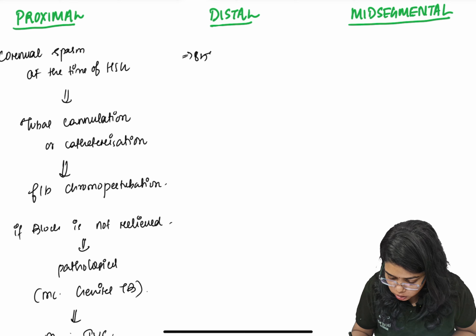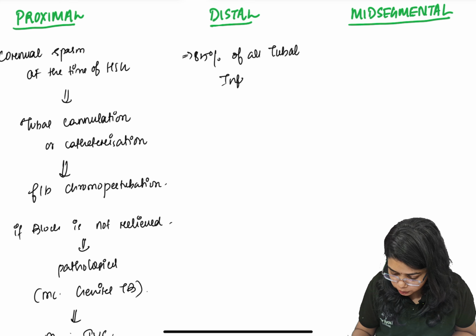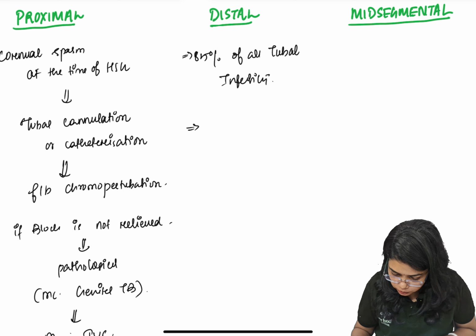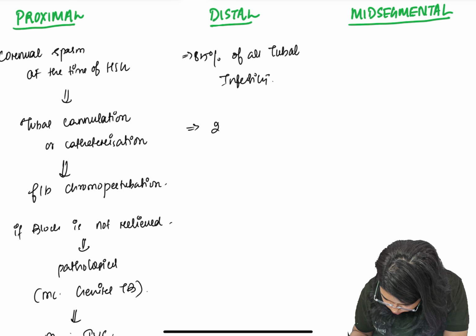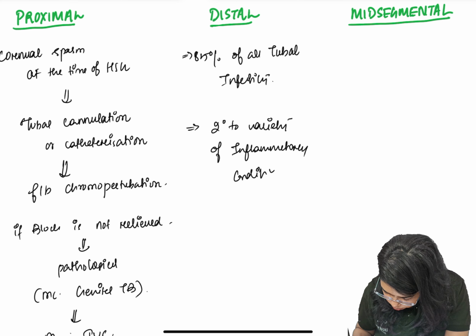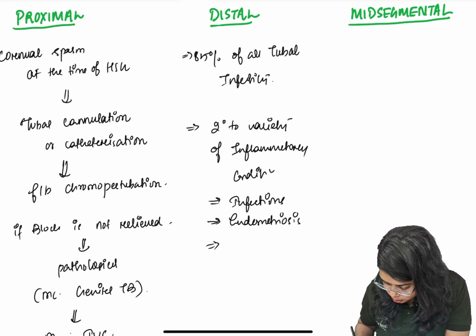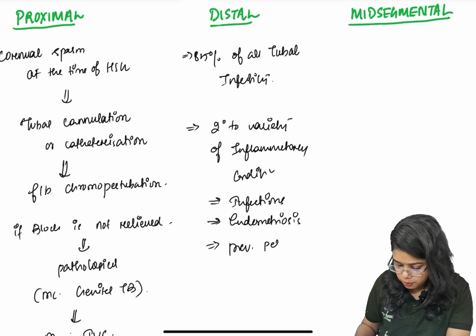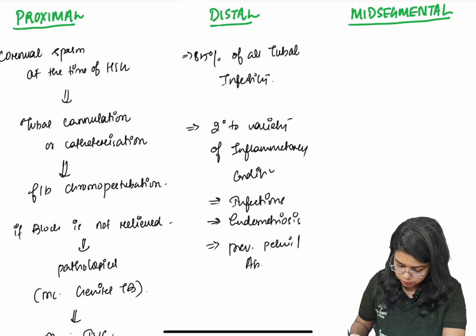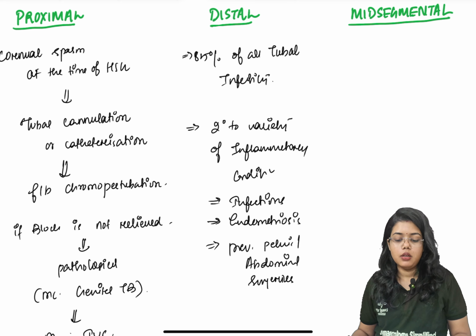So majority of all tubal infertility is due to distal blockage, and it is secondary to a variety of inflammatory conditions like infections, then endometriosis, and other previous pelvic or abdominal surgeries. That leads to adhesions and distal blockage.